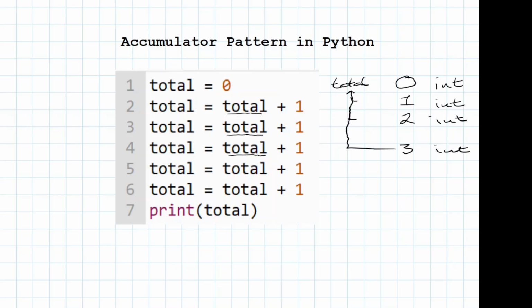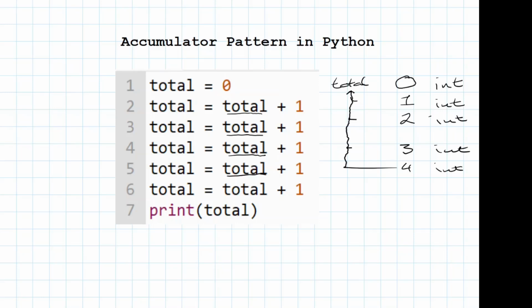We're adding 1 to it all the time. So if we go on to line 5, we get total from memory, add 1 to it, and that gives us a value of 4, in the integer data type. Then we update our reference to the variable on the left-hand side, and the old value no longer exists.